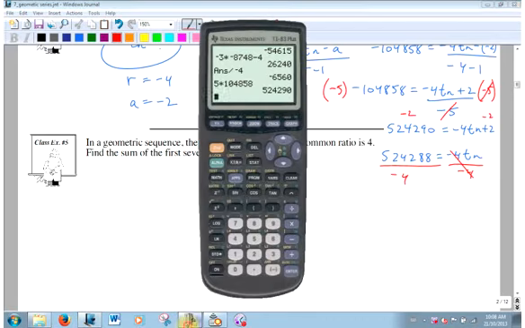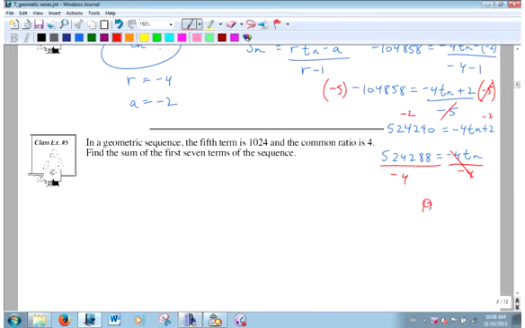So t to the n is that, subtract 2, divide by, I know the answer is negative, so I'm just going to put a 4 in there. Okay, 131,072, it's negative, that's t to the n.